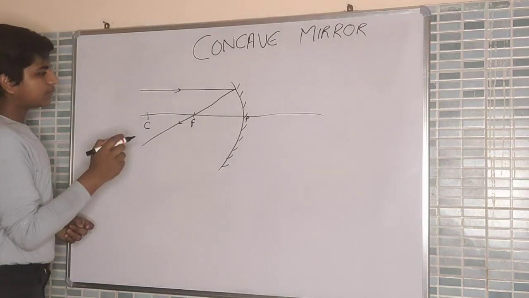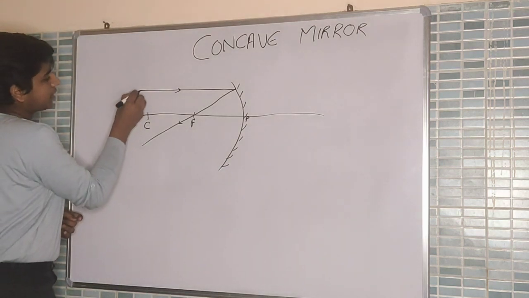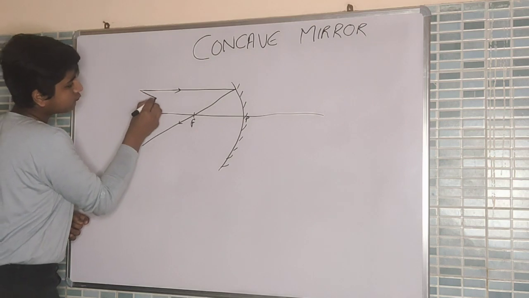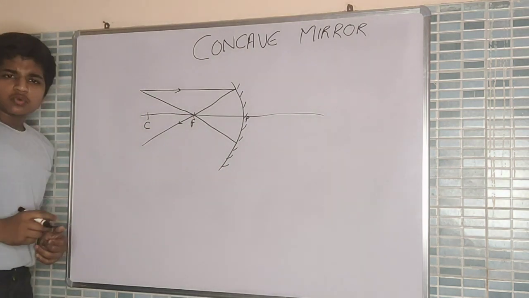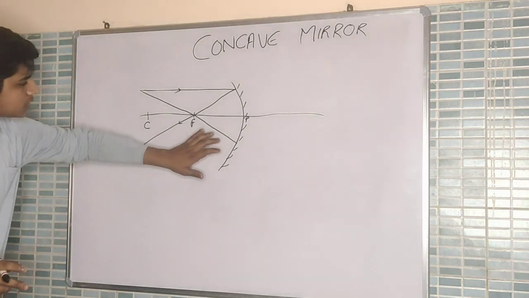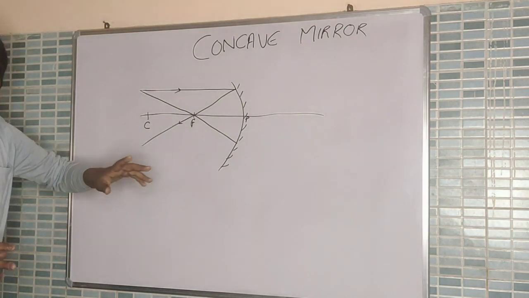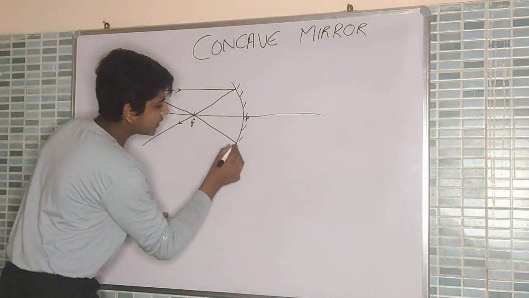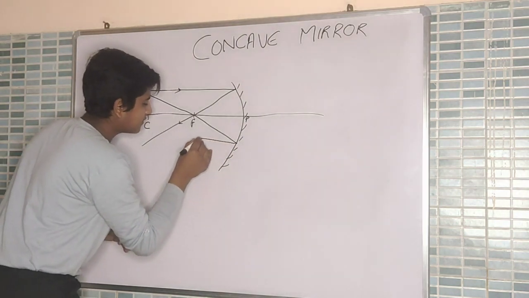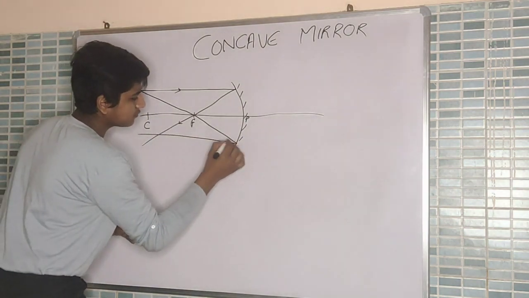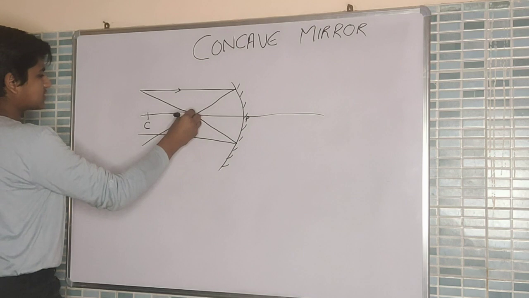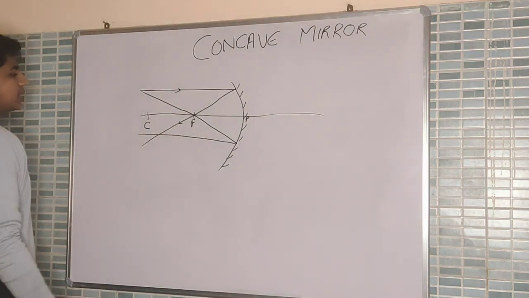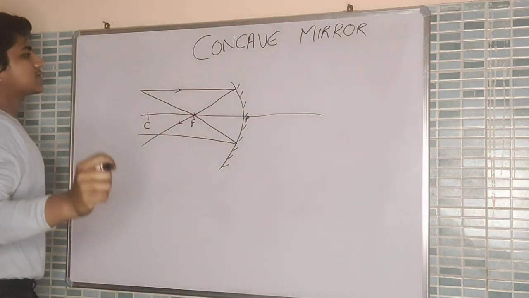So the second ray I am passing from here through focus. So where should be the reflected ray? Yes, it must be parallel to the principal axis. We have seen that both the reflected rays are meeting at a point, yes, at focus, and making an image that is point sized.